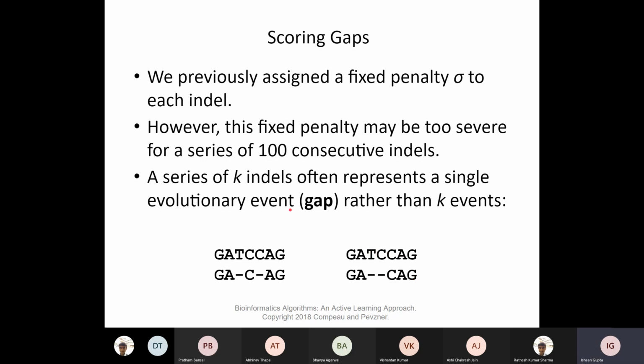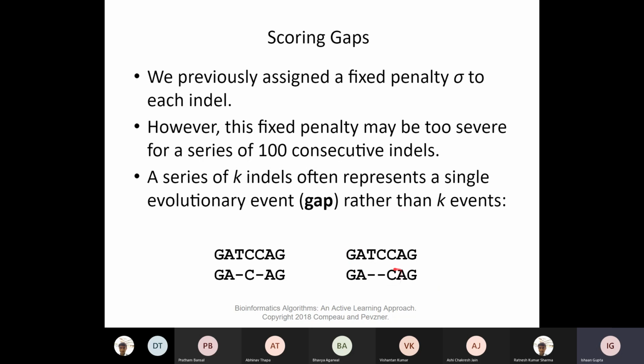All right. So now whenever you have these two kinds of events, at the end of the day, if the gaps are scored equally, then you have possibilities of these two alignments. But biologically speaking, this alignment is a better alignment because it represents biological reality better.